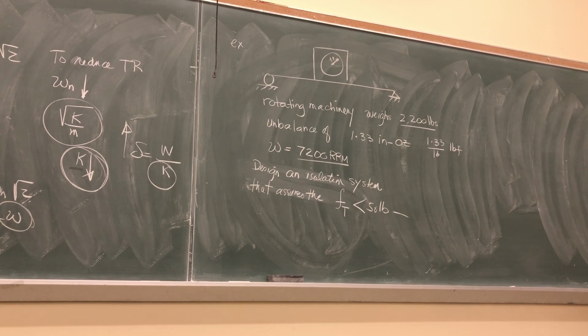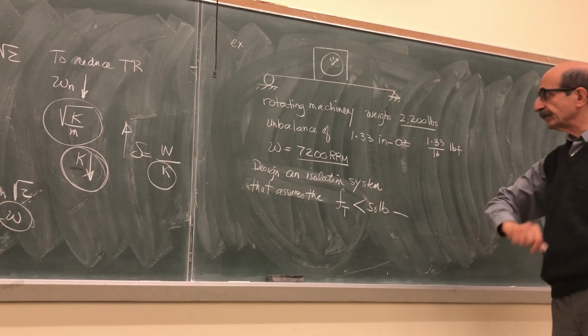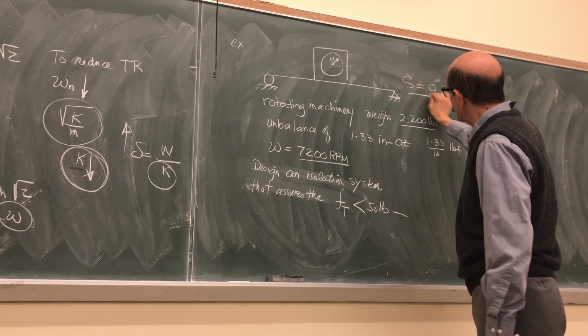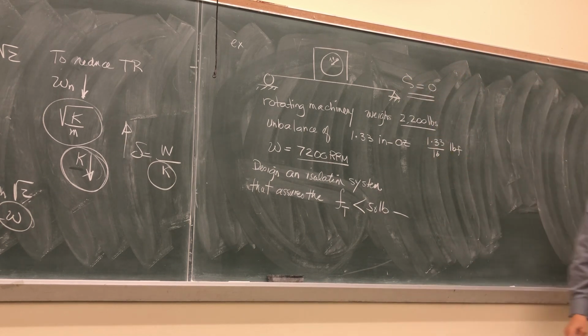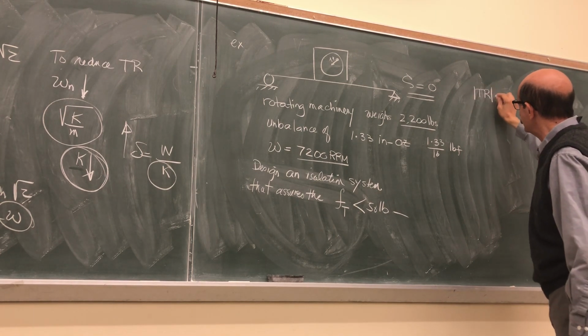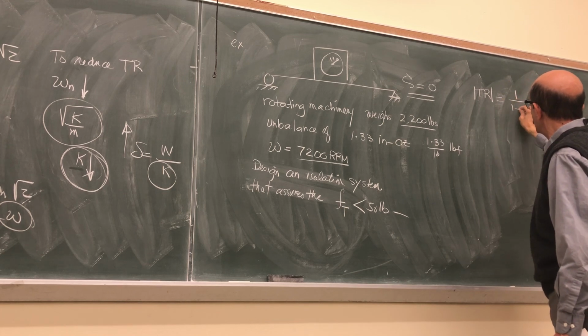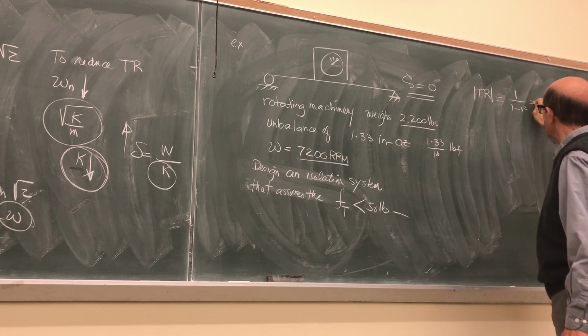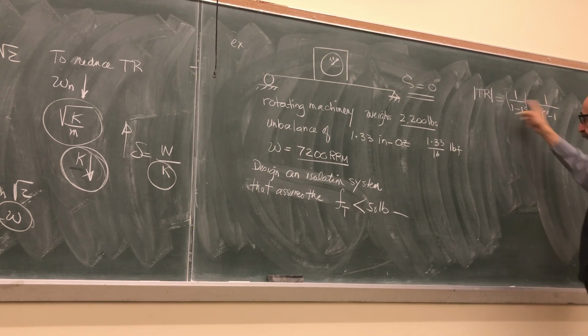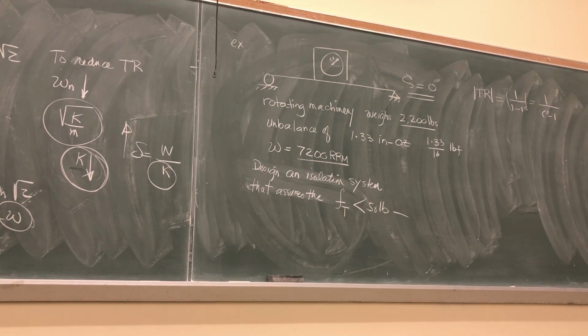So you want to keep the force transmitted less than 50 pounds. Let's say, for this case, the damping ratio is 0. So the absolute value of the transmissibility ratio is 1 over 1 minus r squared, or you can write that as 1 over r squared minus 1, doesn't matter if you're looking at the absolute value.